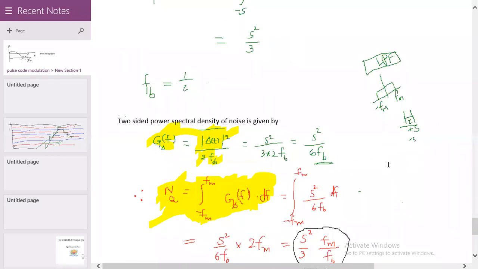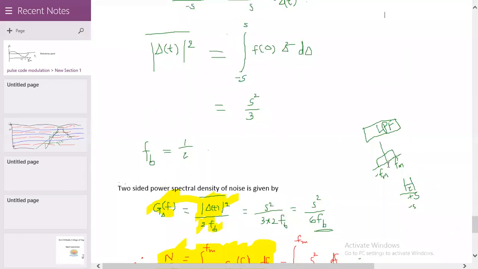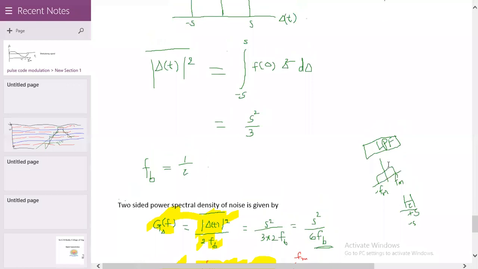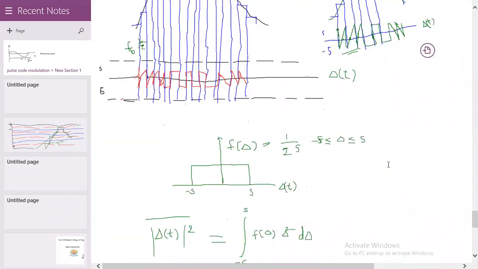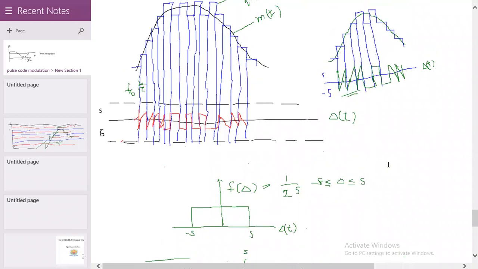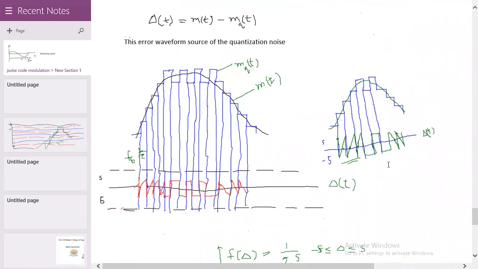Okay, did you follow this expression? Did everyone note it down? Yes, ma'am, I noted it.